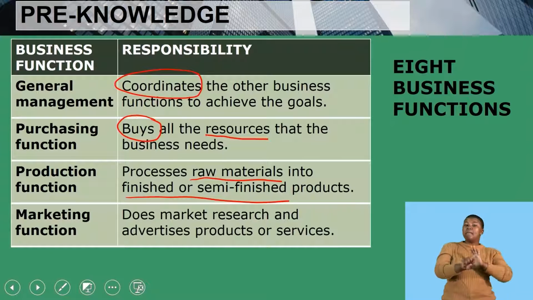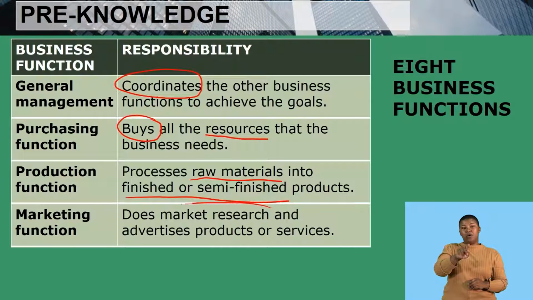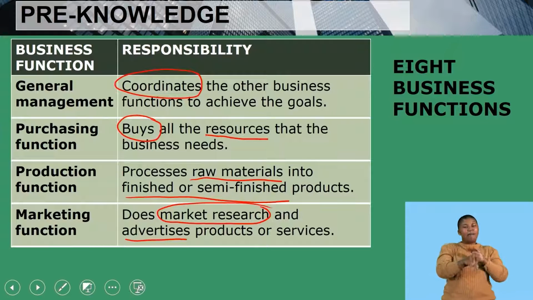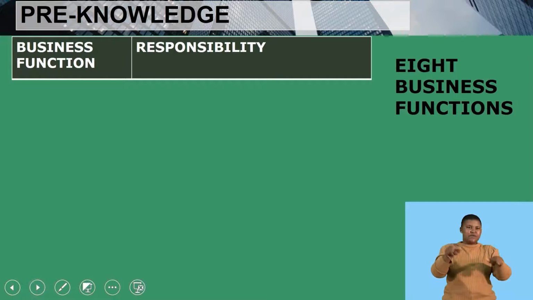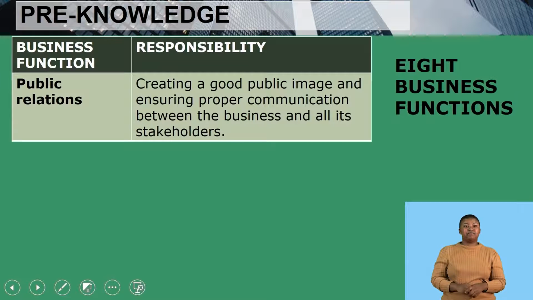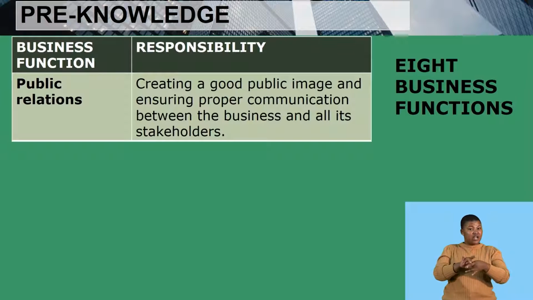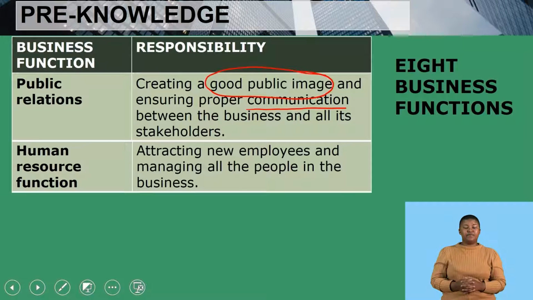Our marketing function does the market research as well as the advertisement of the products and the services. Then also the public relations function, and they are responsible for maintaining a good positive public image, as well as communicating with all the stakeholders of the business.